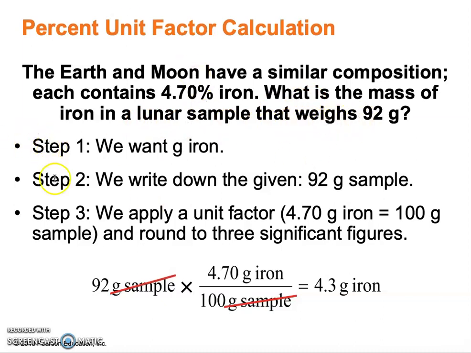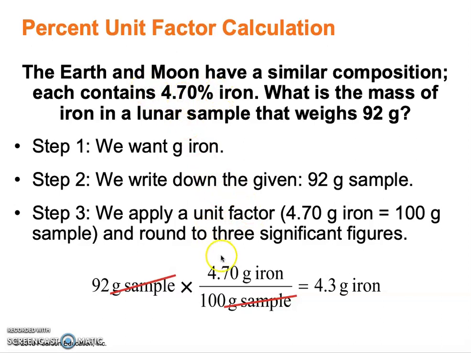So you write steps 1 to 3. For step 1, you are asked for the mass of iron in grams. Then you write down the given sample, 92 grams of sample. Then you apply the unit factor. The unit factor in the question is the percentage of iron.